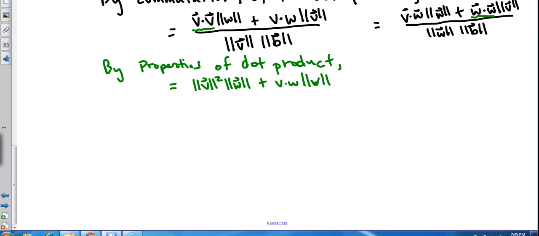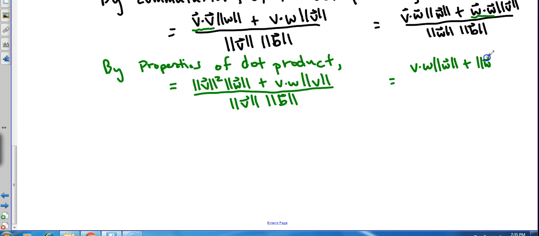All right, moving on. Let's take a look at what we have here. We've got magnitude of v squared. We've got magnitude of v, magnitude of v. What we can do is cancel these out. Because the magnitude of v is just a scalar, we can pull one of those out in the numerator. We've got one in the denominator, so we can cancel that. The square drops off. The same thing happens over here. We've got the magnitude of w in every one of these expressions, and so we can cancel one throughout.